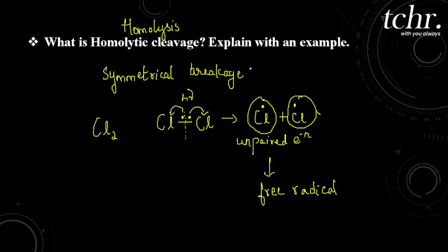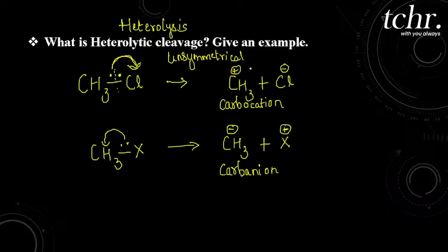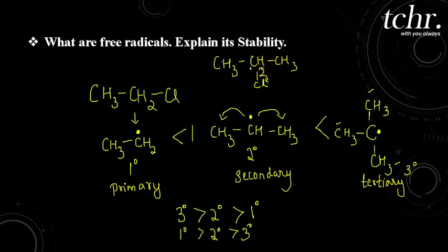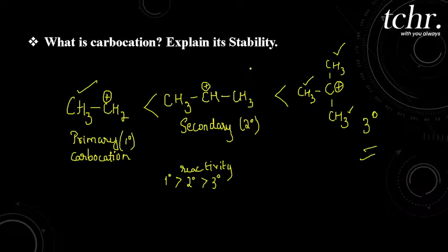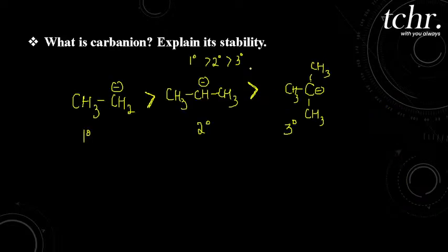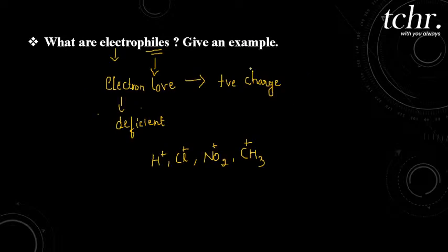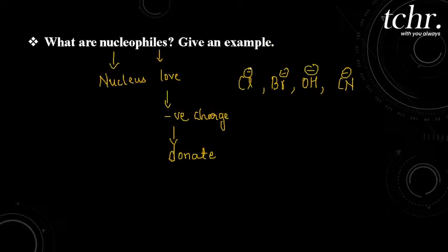Also we understood two types of cleavage, homolysis or homolytic cleavage, heterolysis or heterolytic cleavage, what are free radicals and their stability, carbocation and its stability, carbanion and its stability. Also finally we understood the definitions of electrophiles and nucleophiles along with proper examples.